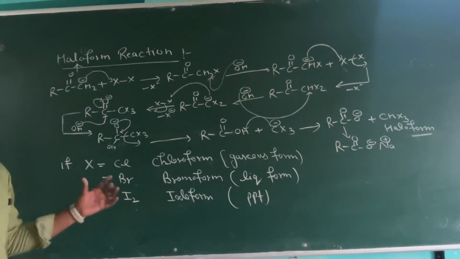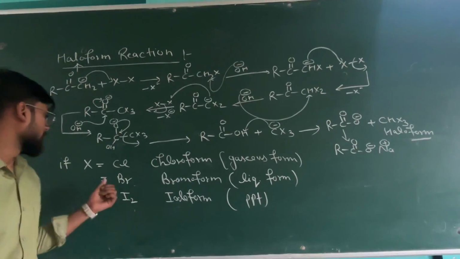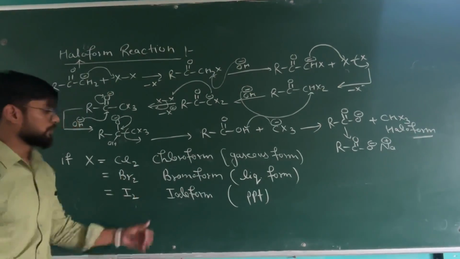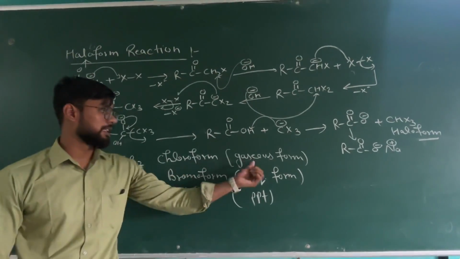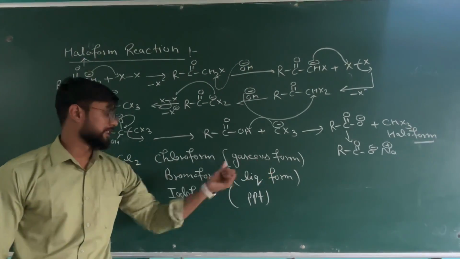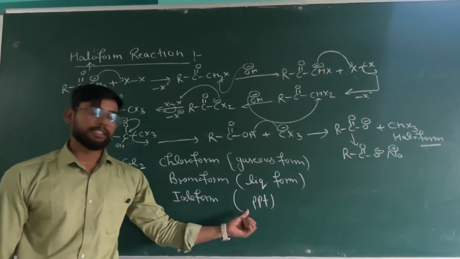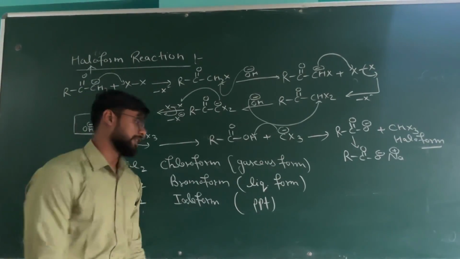So this is the haloform reaction. If we use X equal to Cl2 or Br2, that's the chloroform or bromoform reaction, and iodoform exists as a white precipitate.